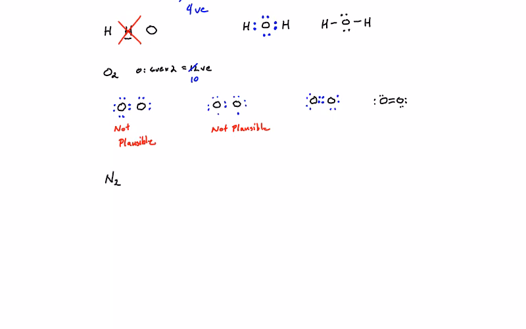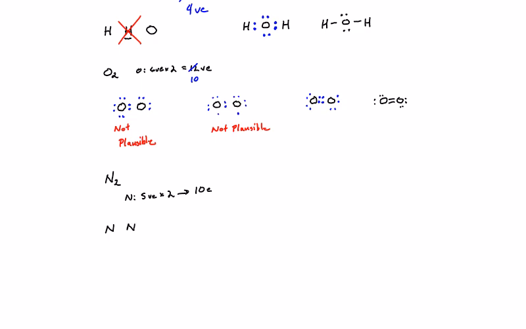You can try N2 on your own as well. With nitrogen, we have 5 valence electrons, and there are 2 of those atoms, so that's a total of 10 electrons. Again, we only have one way to arrange the atoms.